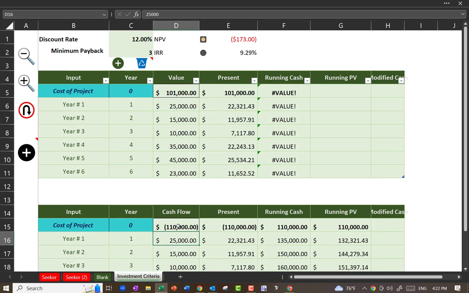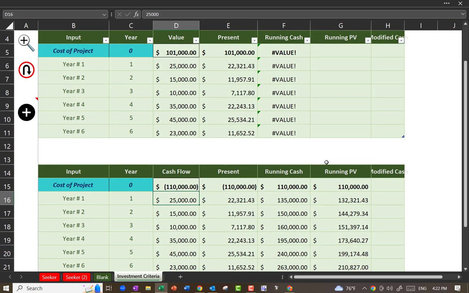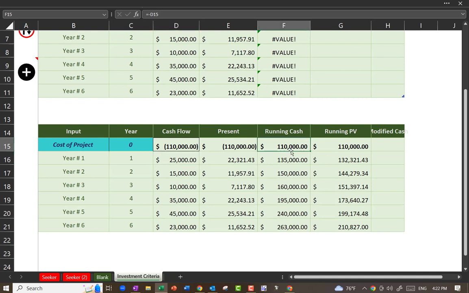Okay, the running cash flows. You're probably thinking, why is that important? Here's why.